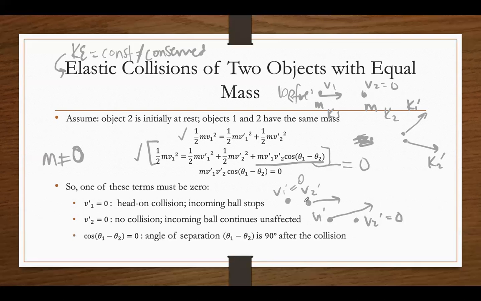In this third case, where cosine of theta 1 minus theta 2 equals 0, that means that the angle of separation after the collision is 90 degrees. So after the collision, this mass goes that way, this mass goes that way, v2 prime and v1 prime.